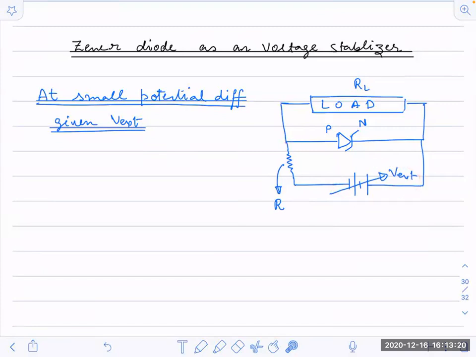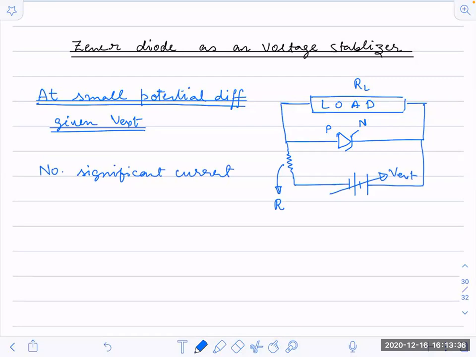So what I can say is that no significant current can be seen if this external voltage has a small value.